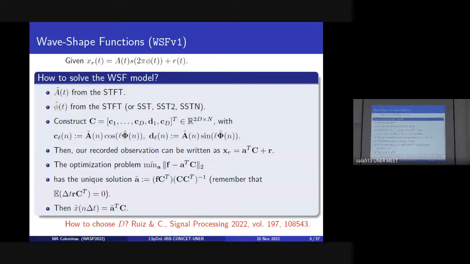We have been working with Joaquin Ruiz, trying to adapt some well-known trigonometric regression criteria that were used some decades ago for stationary signals, and trying to adapt them to this non-stationary setup, and they work well. Simply, we can imagine that as soon as D increases, the error will decrease, of course.